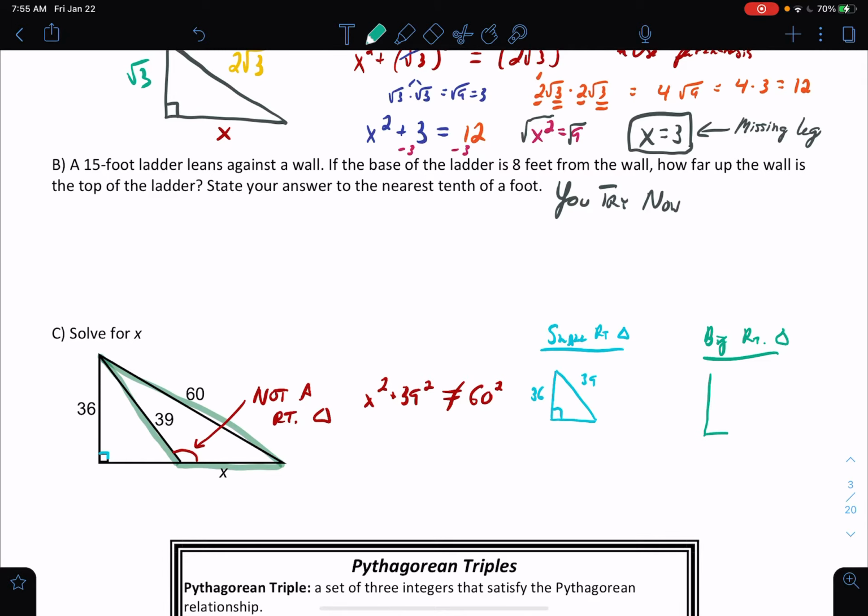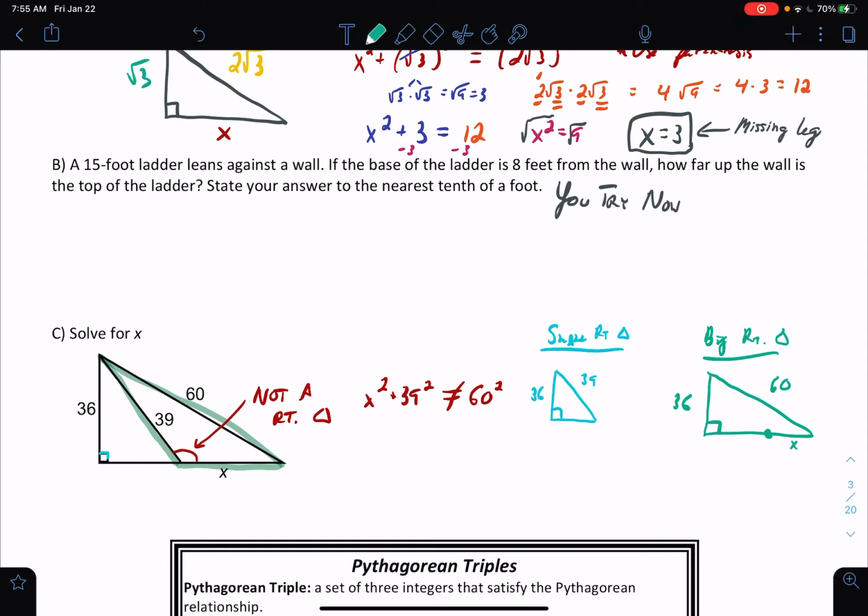So we've got the big right triangle where we know one of the legs is 36. The hypotenuse is 60. And then part of the bottom leg is x, but we don't know the other part.